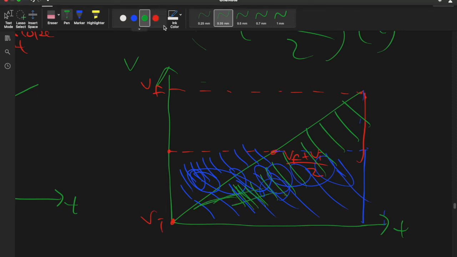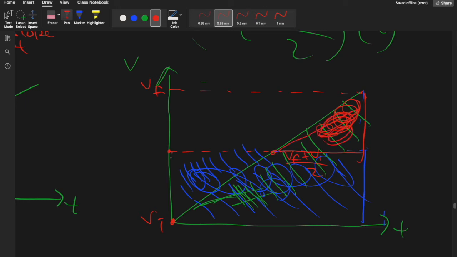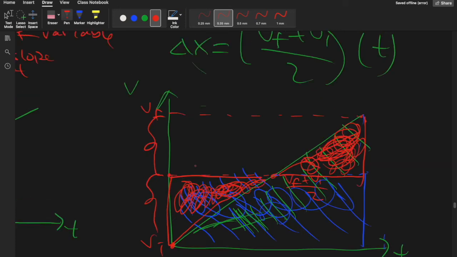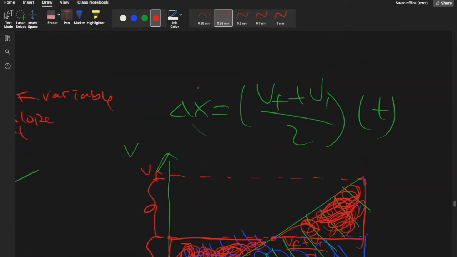Here's the trick. The area in green is equal to this area here, right? Because those two lines are exactly the same, so they have the same area. They are equivalent, and this is what this equation represents.